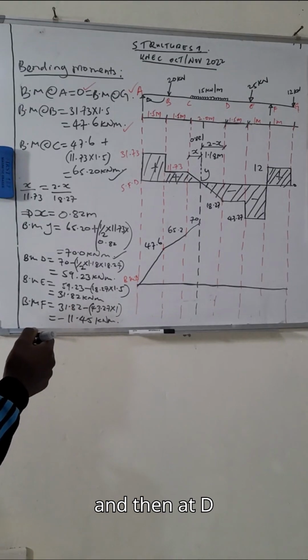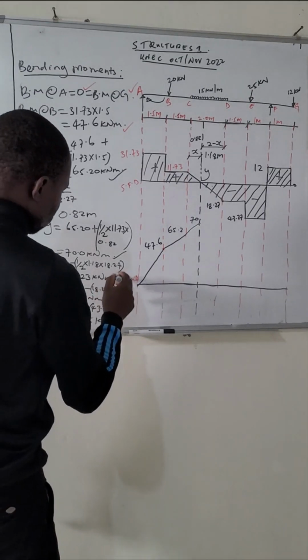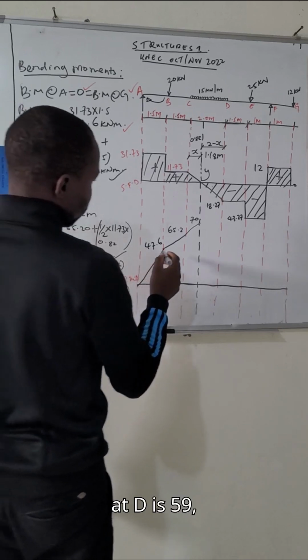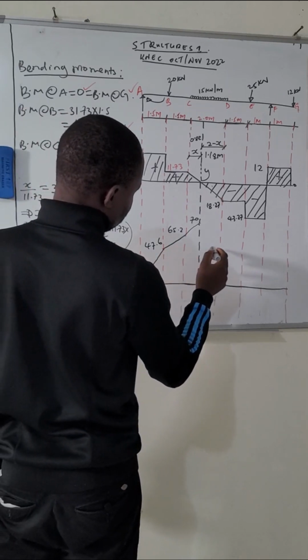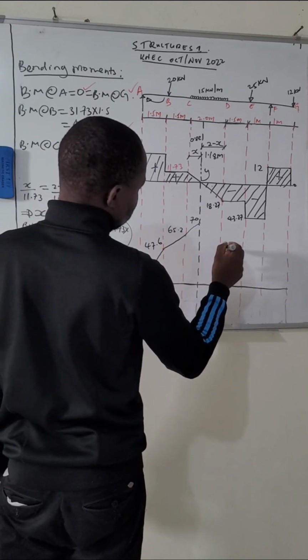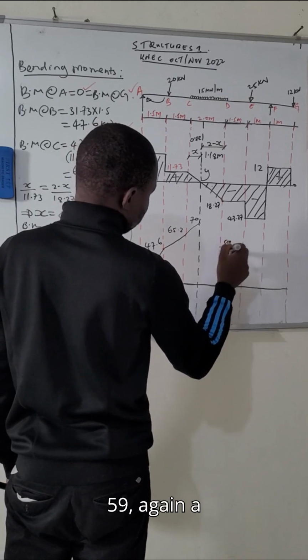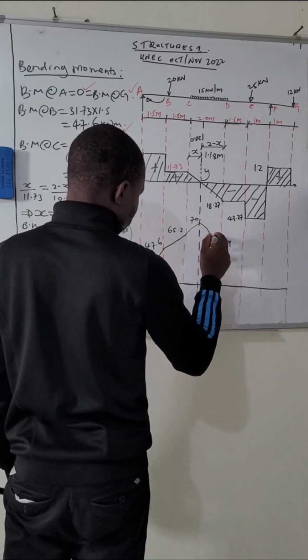And then at D is 59. Again a smooth curve.